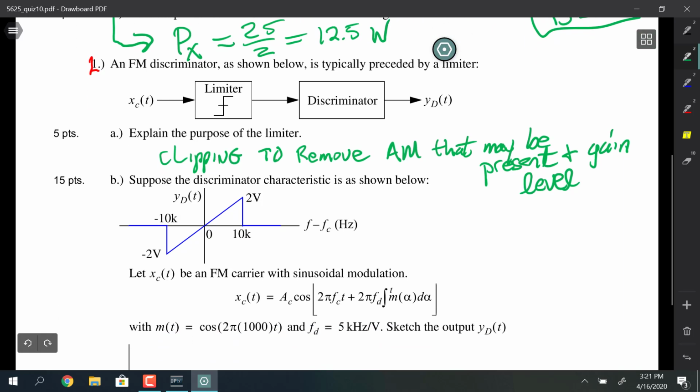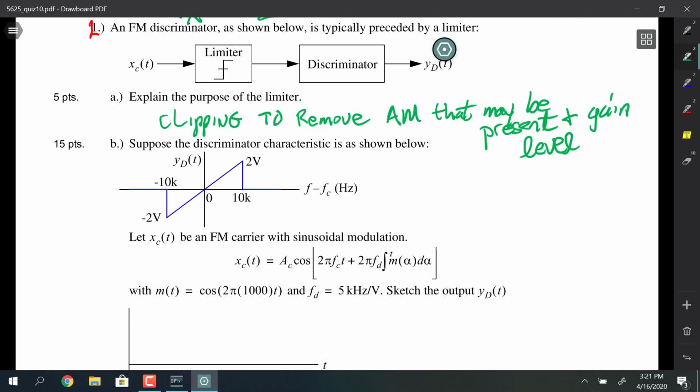Okay, now we're going to consider a particular discriminator characteristic. The one shown in the book is a constant slope that goes from minus infinity up to plus infinity. Well, a practical discriminator is going to have some bounds on it.